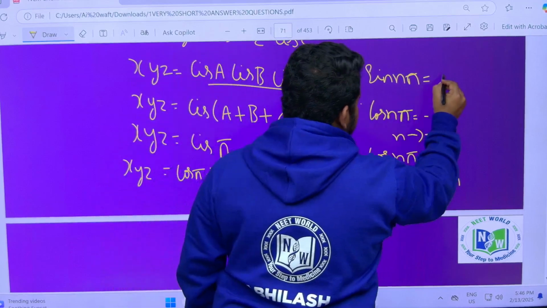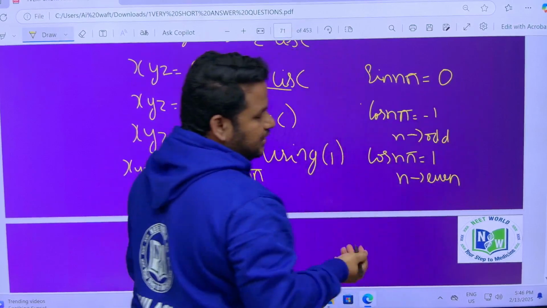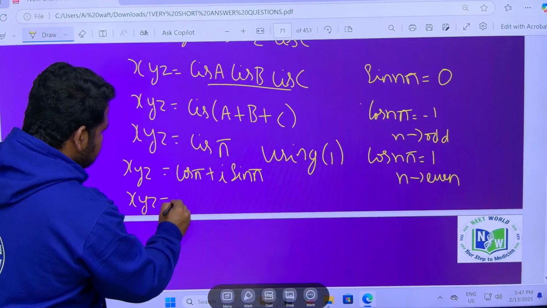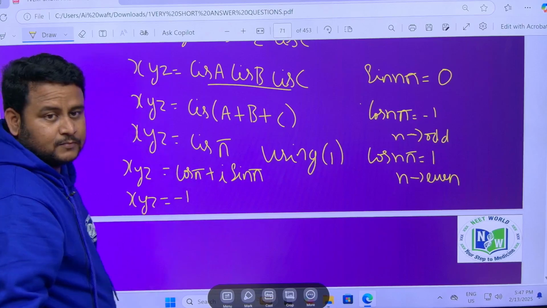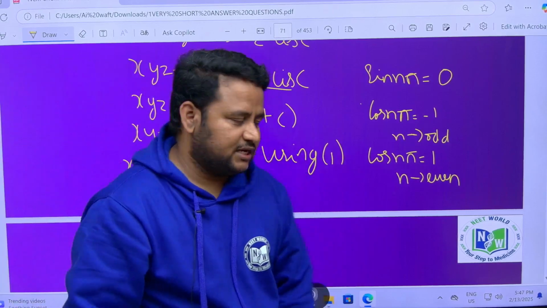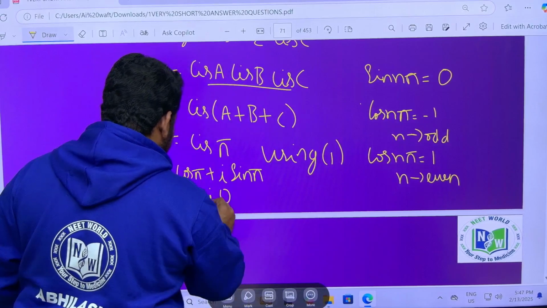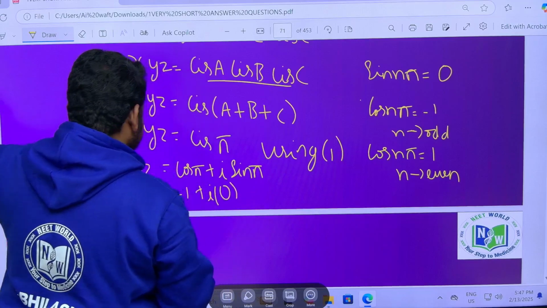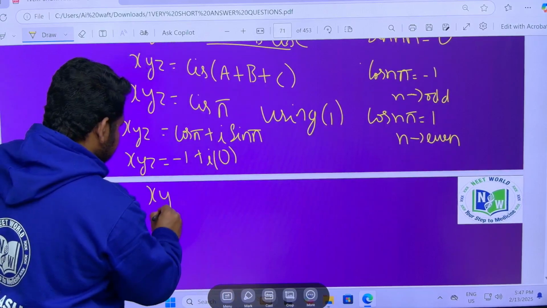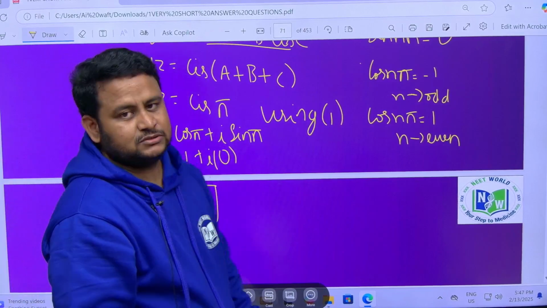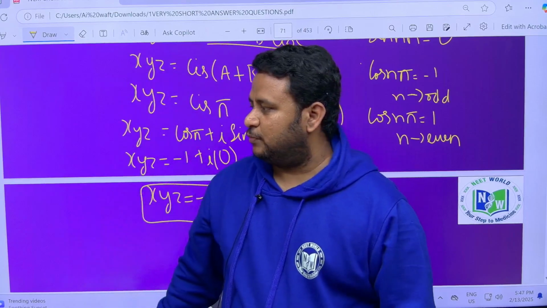Sin of n pi is 0 regardless of the value of n. So xyz will be equal to cos pi, which is minus 1, plus I into 0. So xyz will be equal to minus 1. This is the answer to the question. I hope it is clear.